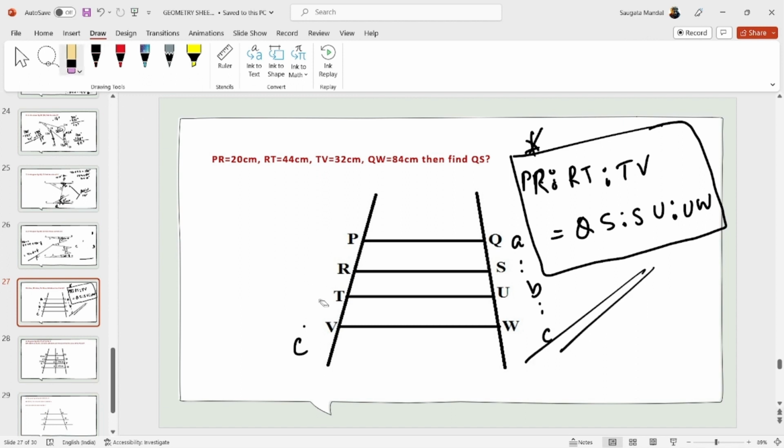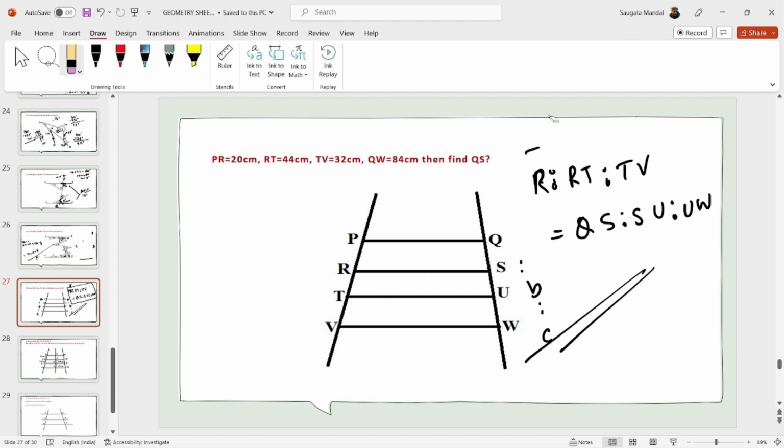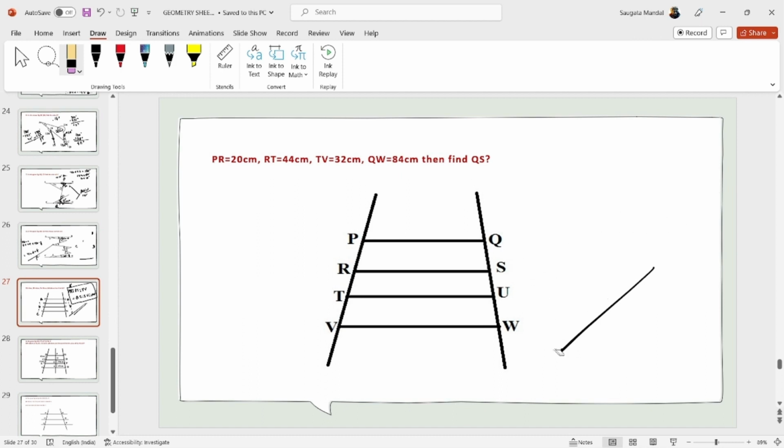So now you see the question. Here some values are given and you can put them and easily find the required value. Here PR is 20, RT is 44, TV is 32, and QW is 84.